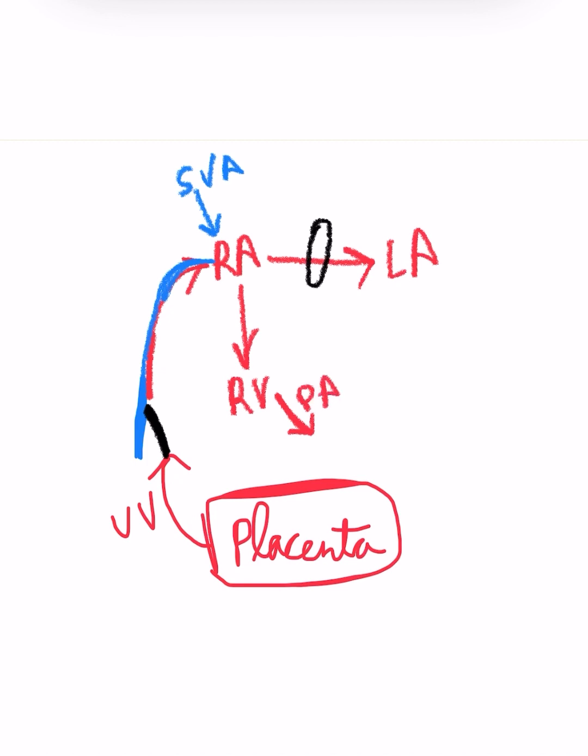As in the fetal circulation, the lung is not functioning, 90% of the blood from the pulmonary artery gets bypassed with the help of a special connection that is called the ductus arteriosus, and it communicates with the arch of aorta.